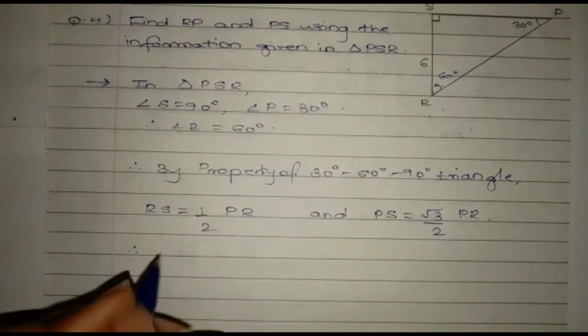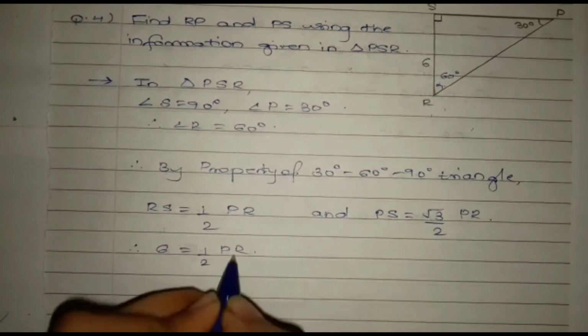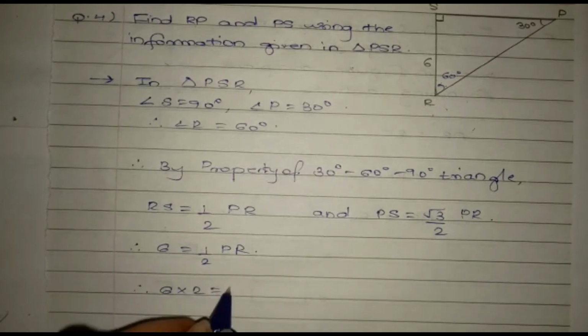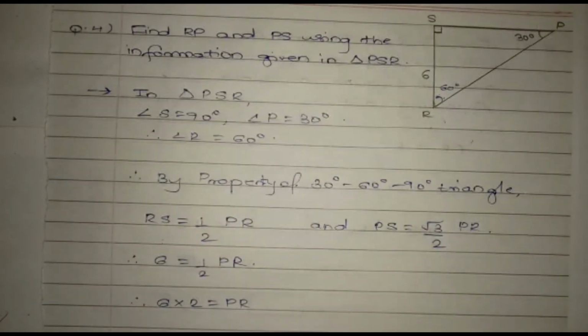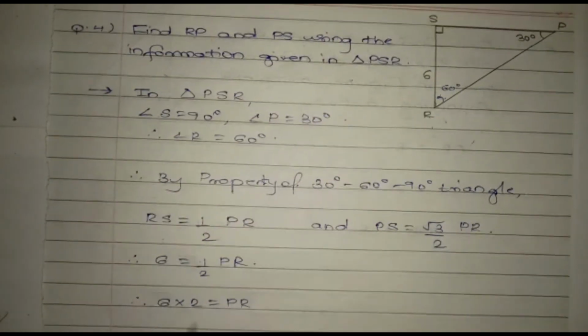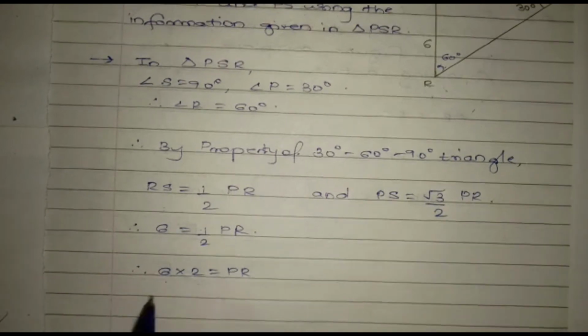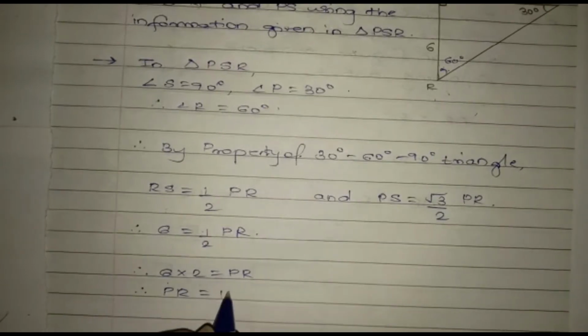Okay, so what is RS? RS is 6. Therefore 6 is equal to half of PR. Therefore 6 into 2 is equal to PR. We took the 2 in the denominator to the left hand side, so it got multiplied to 6. Therefore PR is equal to 6 2s are 12.